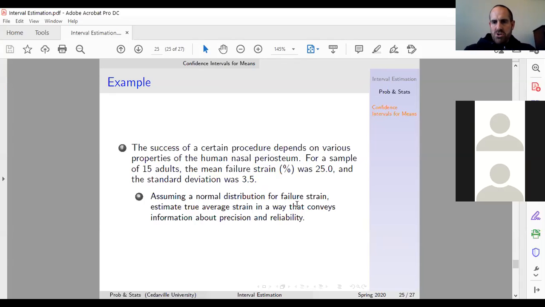So which distribution would I use, Ryan? Would I use the normal or the T? T, because it's 15. Yeah, right. I would use the T distribution to be on the safe side. So it would be T distribution with 14 degrees of freedom. But one thing that is not given to me is a confidence level.